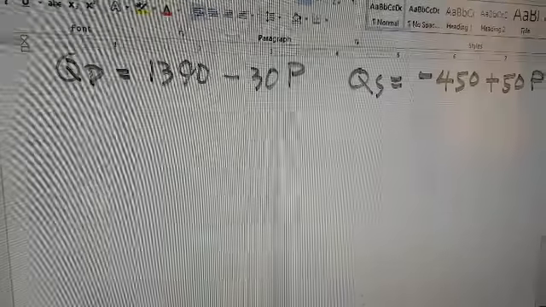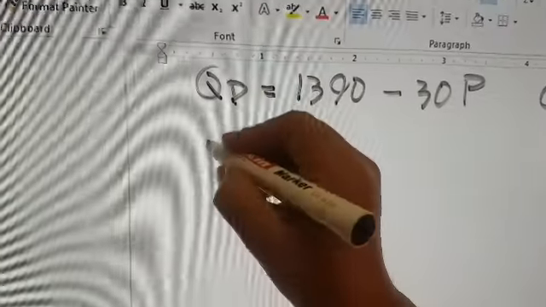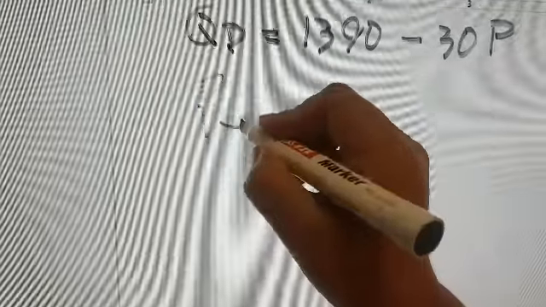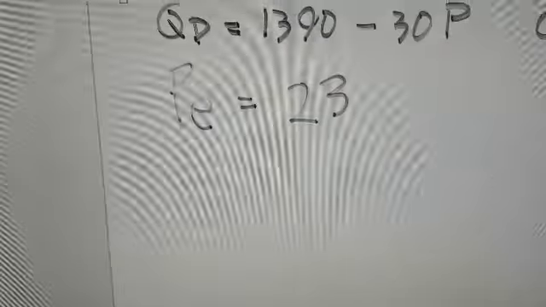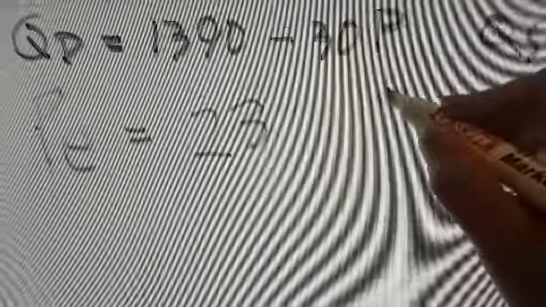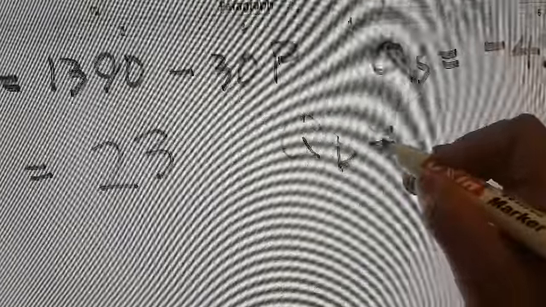So the next step is, after knowing PE, or the price at equilibrium, is 23, then we can now solve for the quantity for demand and quantity for supply, or QD or QS. In this case, QD is equal to QS.